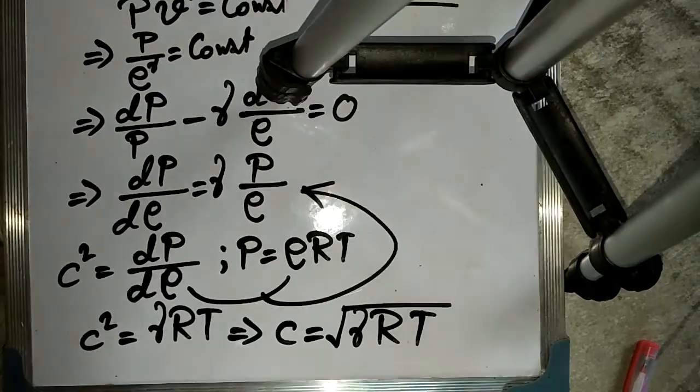In this equation, R is the characteristic gas constant, which equals the universal gas constant divided by the molecular weight of the gas.